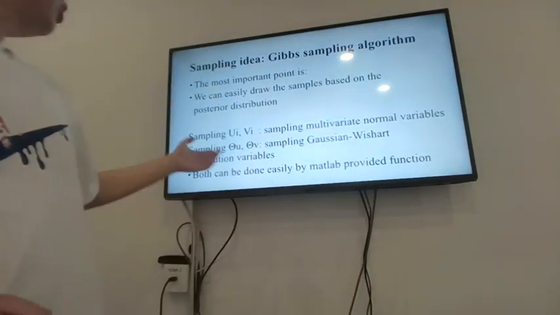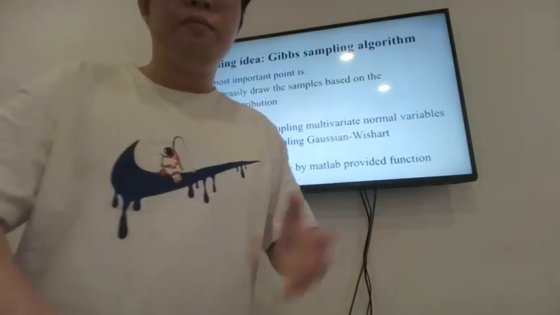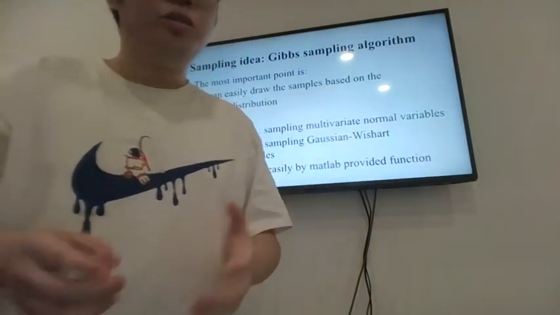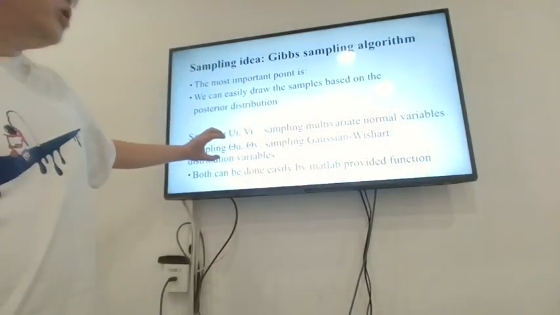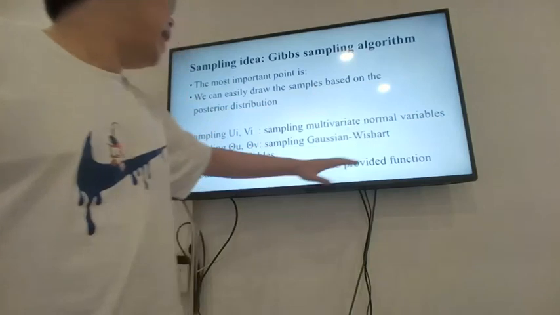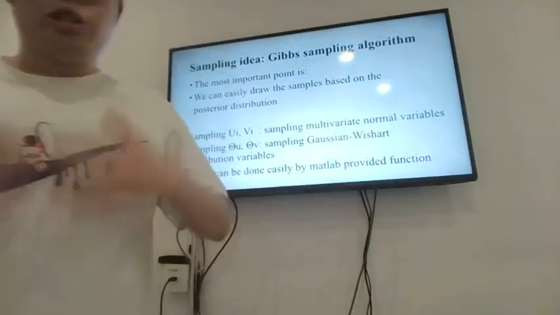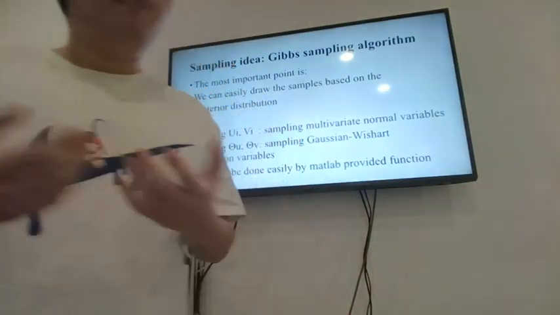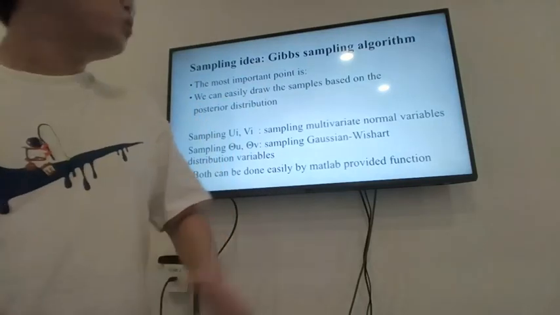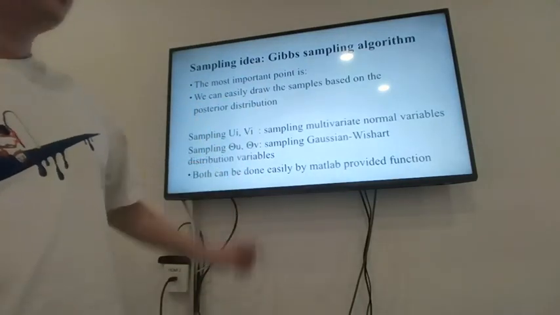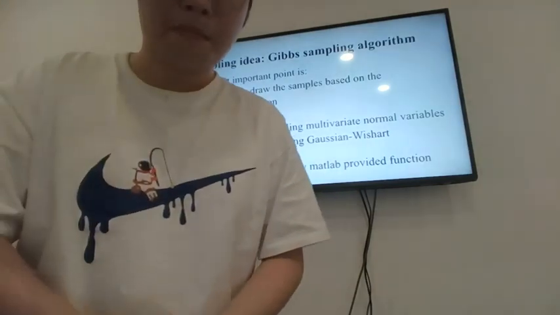To sample theta U and theta V, we just need to sample from Gaussian-Wishart distribution random variables. Both the normal and the Gaussian-Wishart random variables can be sampled by functions MATLAB provides. So we can easily sample Vi, Ui, theta U and theta V, which means that we can implement the Gibbs sampling algorithm.